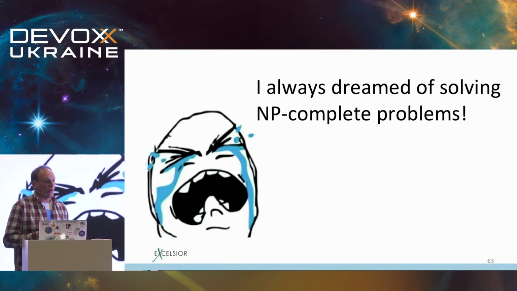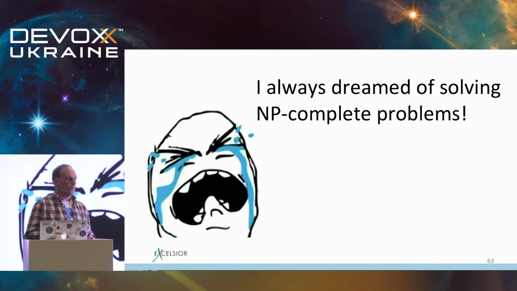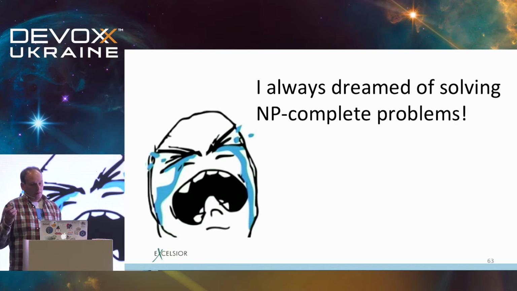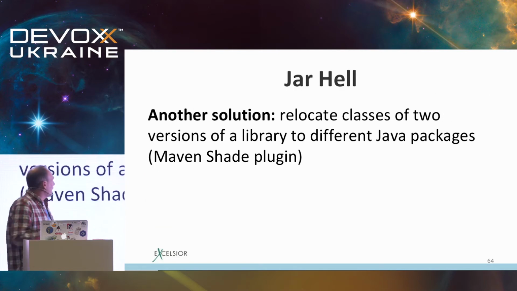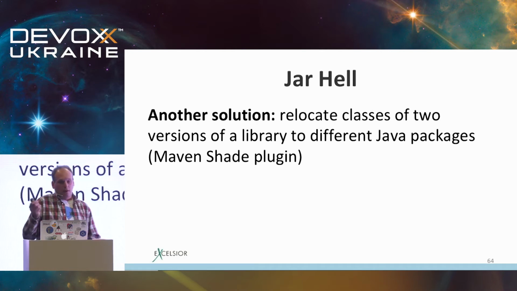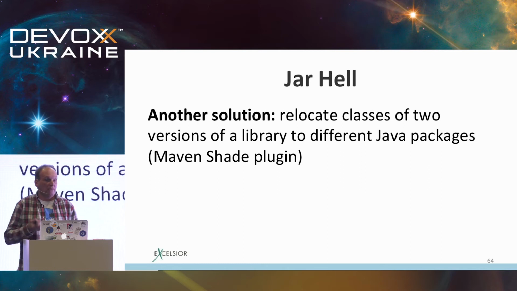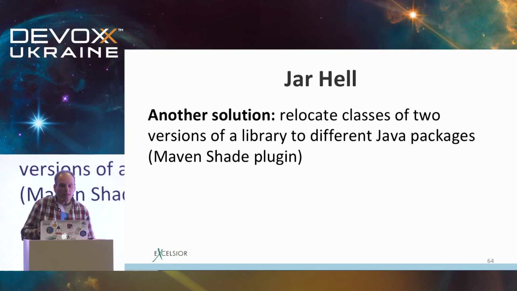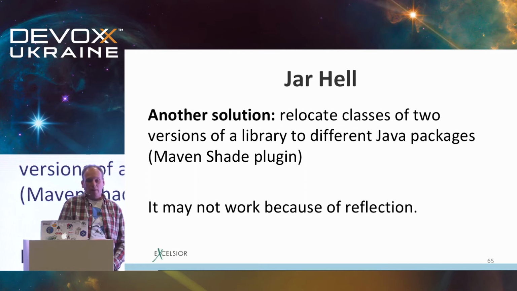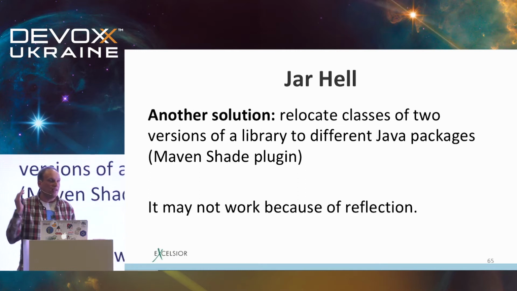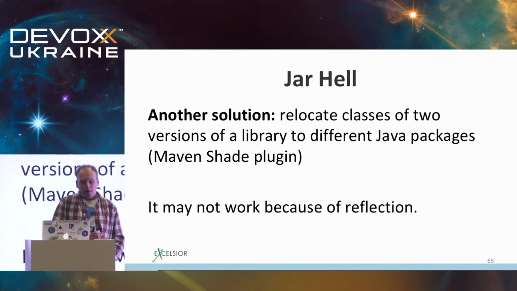So to solve this problem, developers invented another way that works even on the classpath. The way is to just relocate classes of two versions of a library to different Java packages. And you can do it automatically using the Maven Shade plugin, for instance. However, this solution may not work again because Java has reflection, and reflection is not always loyal to class relocations.